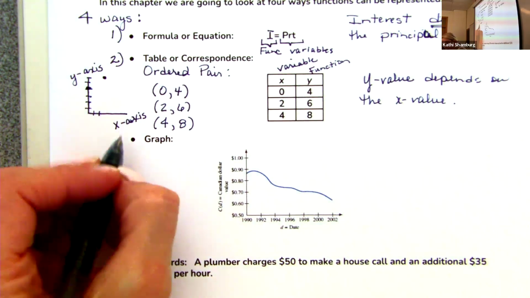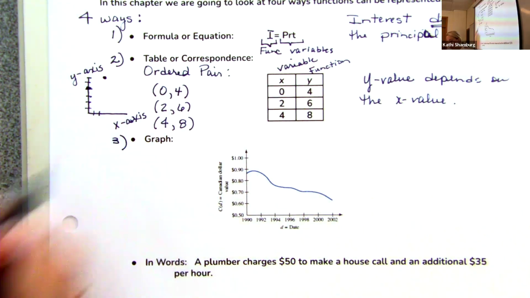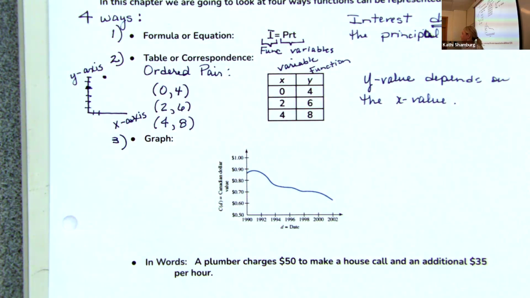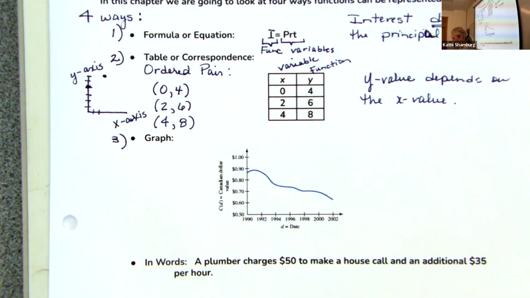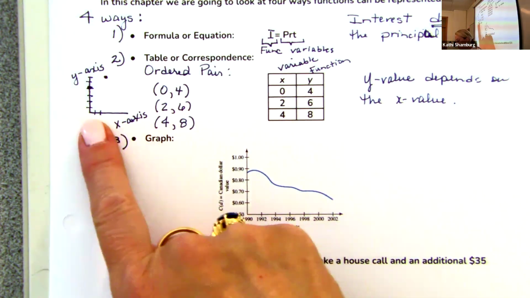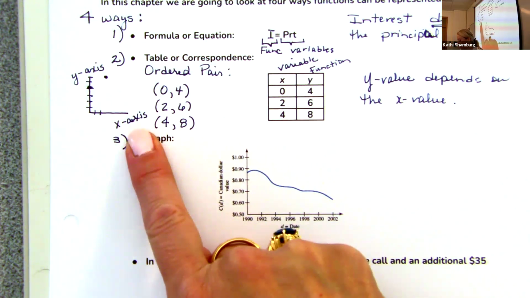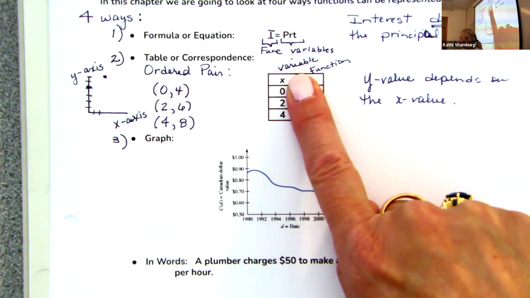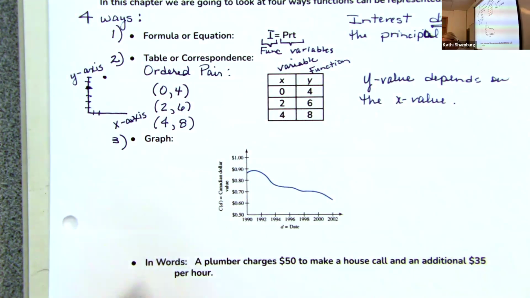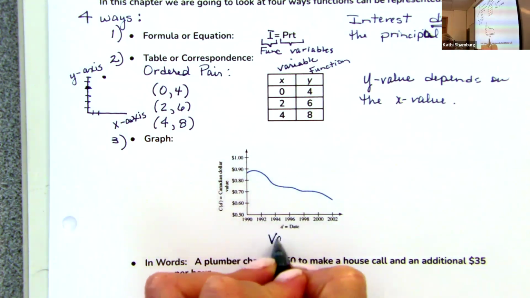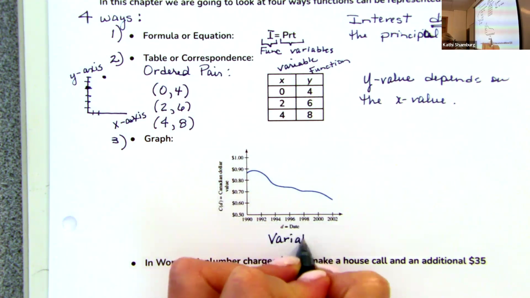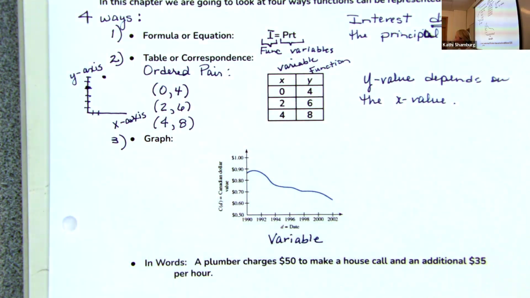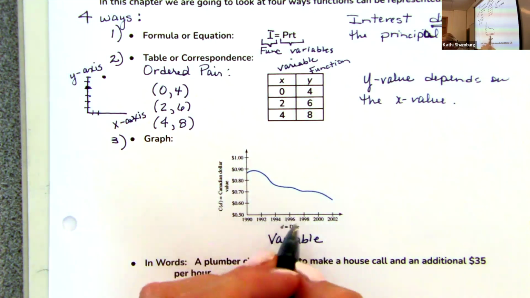Then a more problem-specific type of graph is given here. So we're given numbers, we're given years, we're given values. We look at a graph. Okay. So if the horizontal is our x-axis and the x value is always the variable, then that tells me this axis is representative of my variable. And what is my variable?